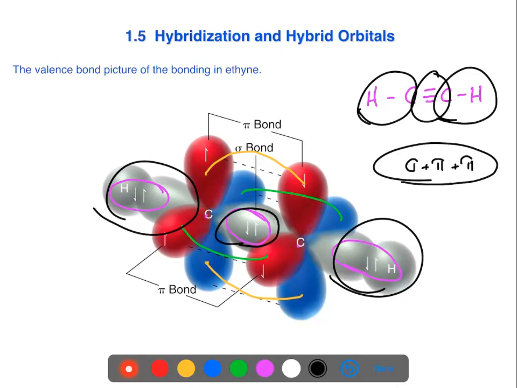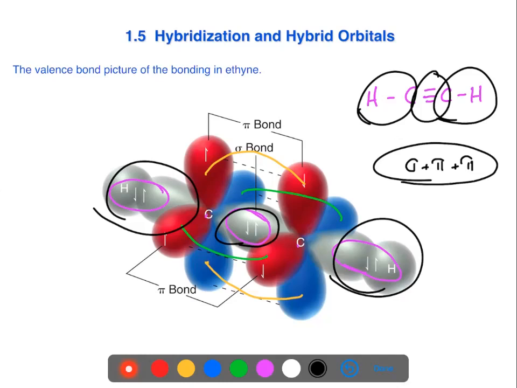So this is how we describe valence bond theory when looking at hybridization and hybrid orbitals, determining the hybrid orbitals that are involved for a particular atomic center. It's always defined by the type of bonding to the neighboring elements.